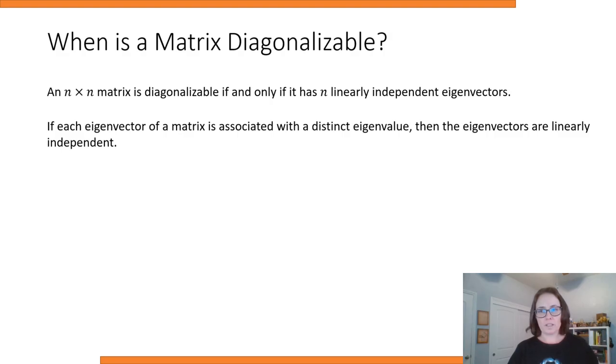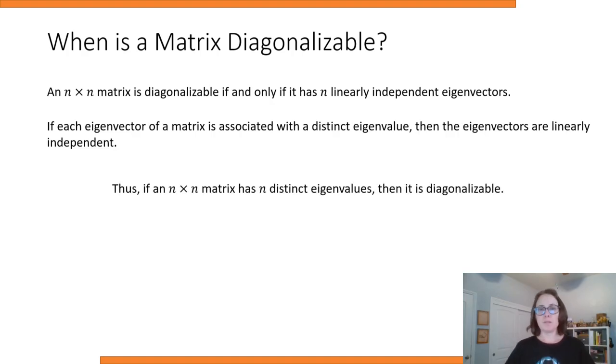So it can save you some work if you notice this. So for instance, if I had a 3 by 3 matrix and I got 3 different eigenvalues, they're distinct from each other, and they each have a different eigenvector. So in that case, if I get 3 different eigenvalues, then I know that the eigenvectors will be linearly independent.